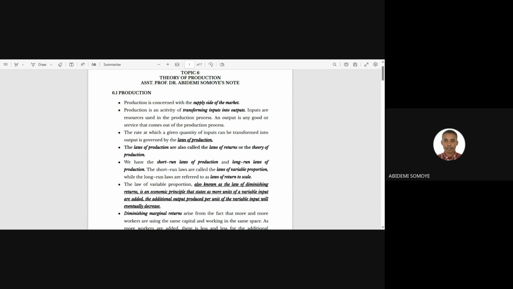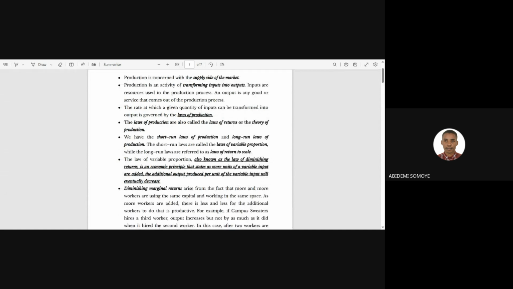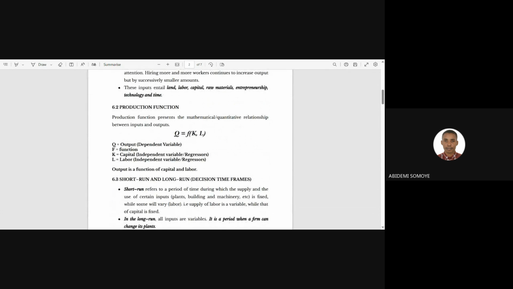You can change anything you want to change in the long run. That's the major difference. In the short run, you have fixed and variable inputs or factors of production. In the long run, all your factors of production vary in such a way that you can change them any time you want.